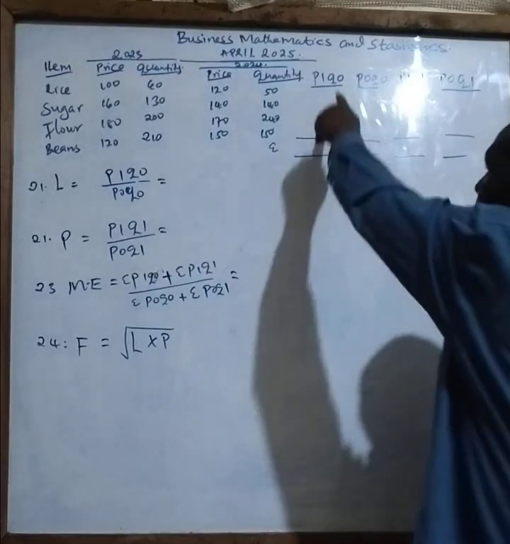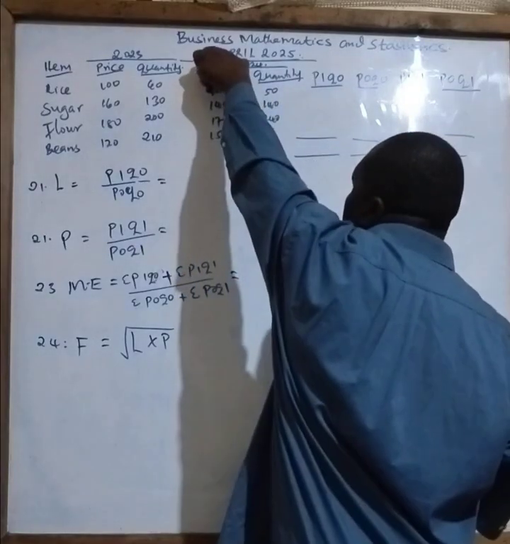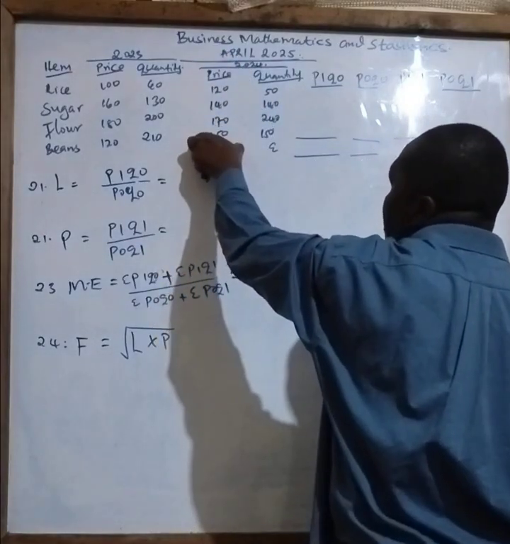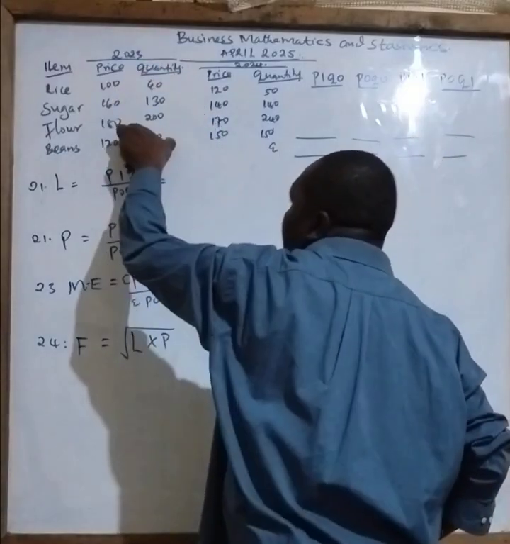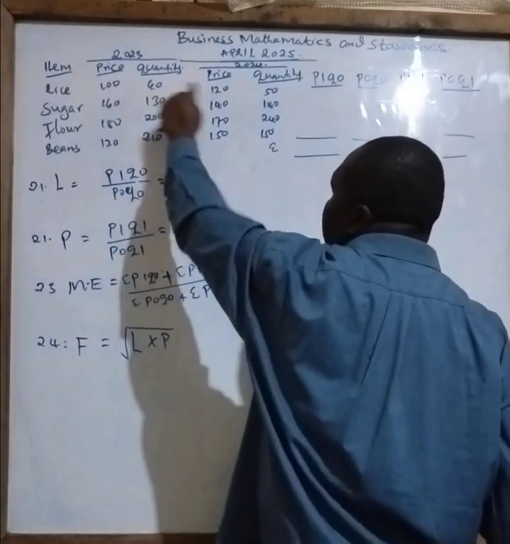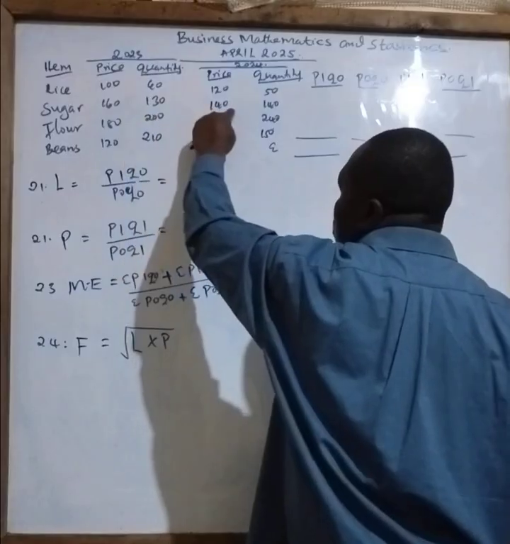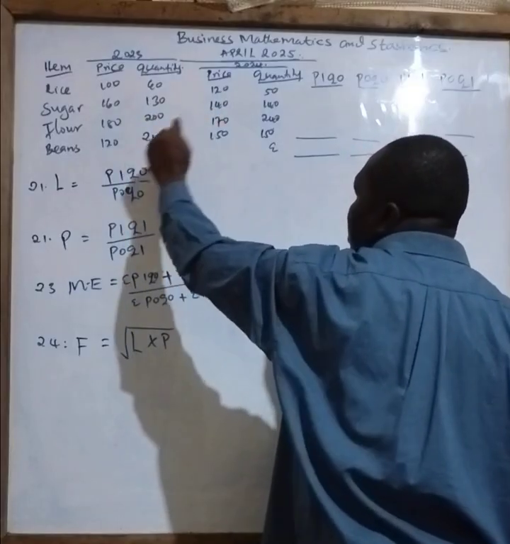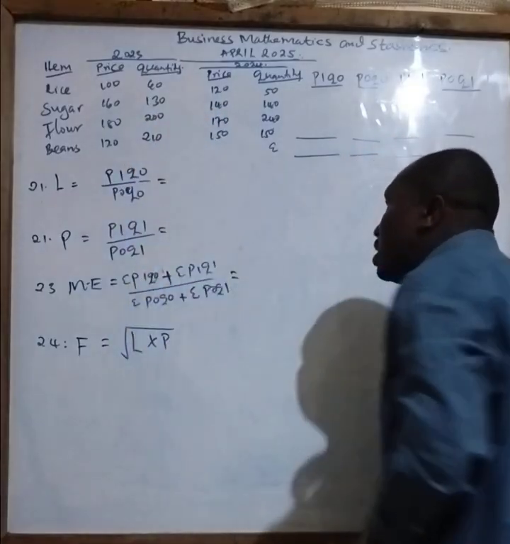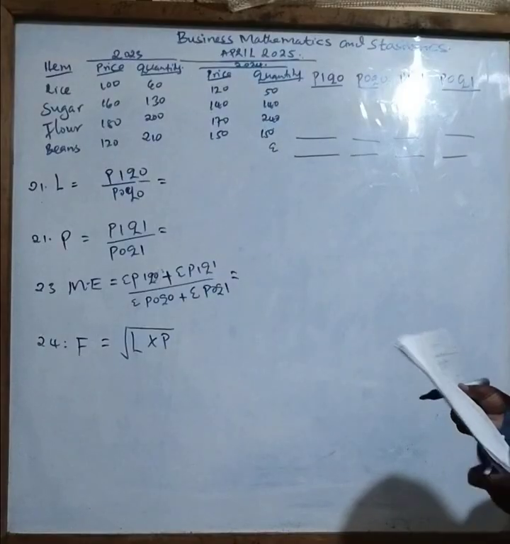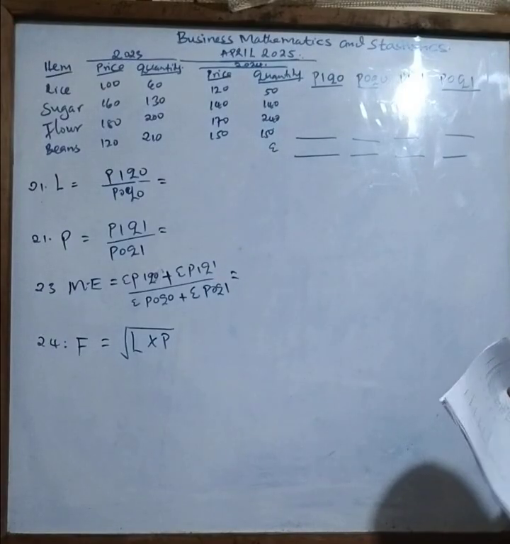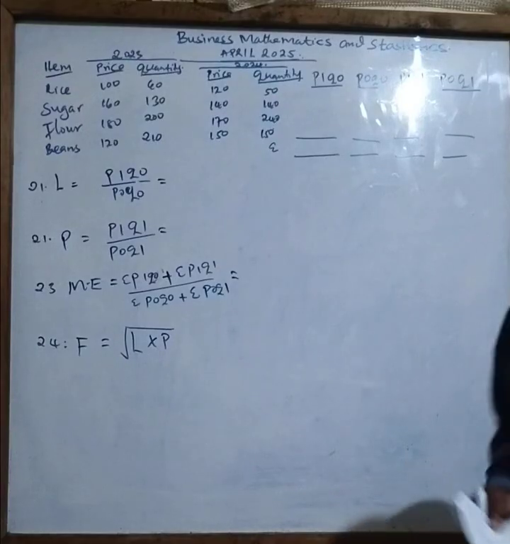So now for the P1Q0, you will take the price of the current year, multiply by the quantity of the base year. Therefore, it means 60 times 120, 130 times 140, 200 times 170, and 210 times 150. So if you take those columns correctly like that, the figures you are supposed to get are as follows.